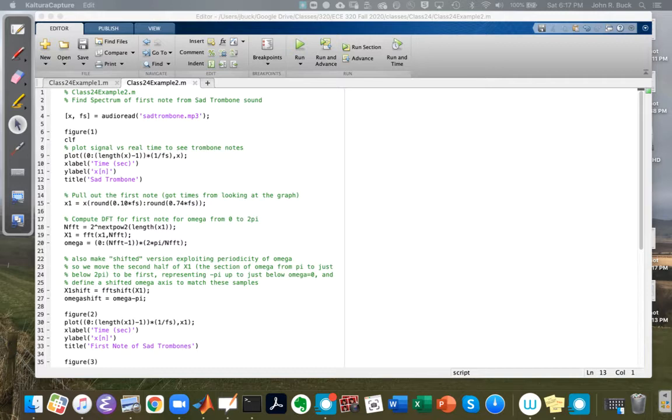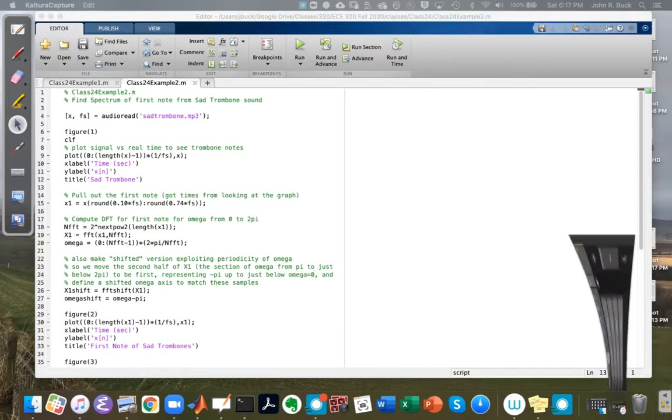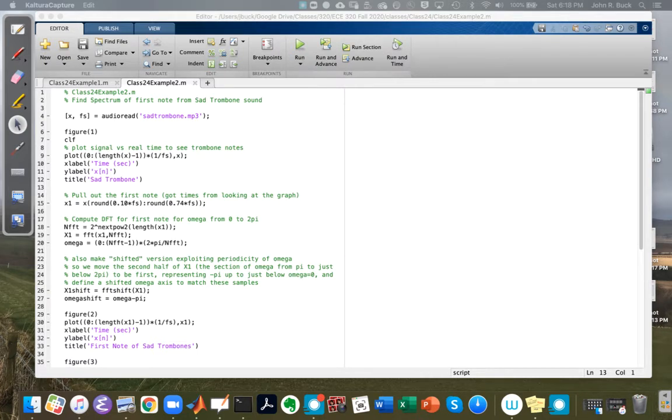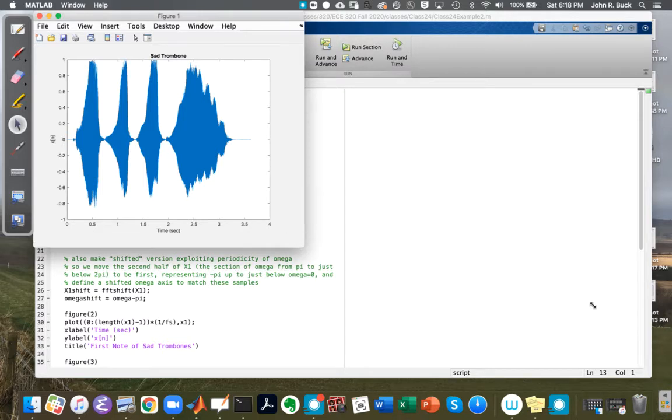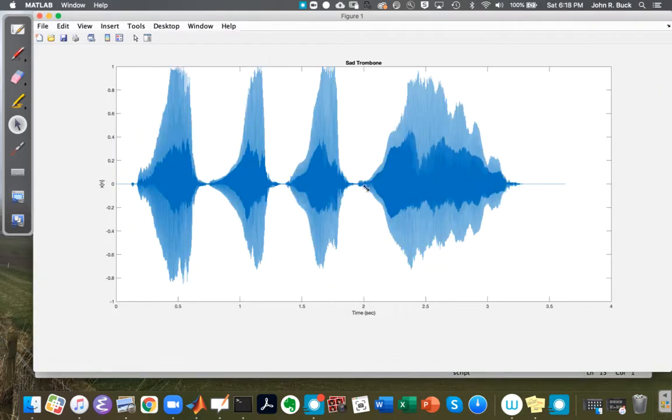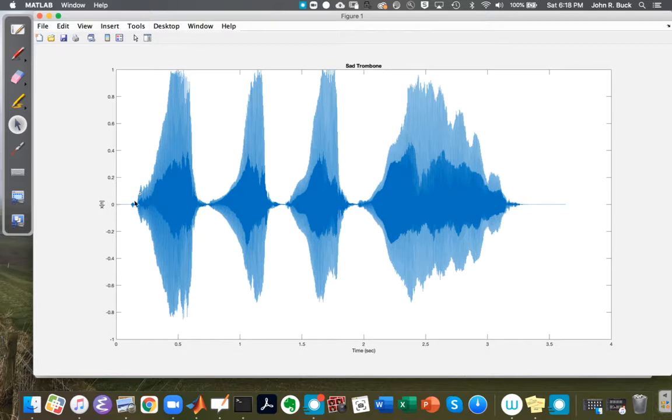So let me pull up the time signal here. Here's the overall signal, and you can see the 4 notes.